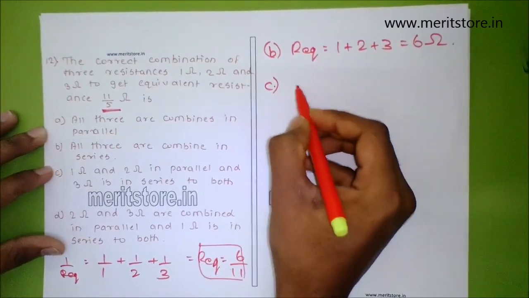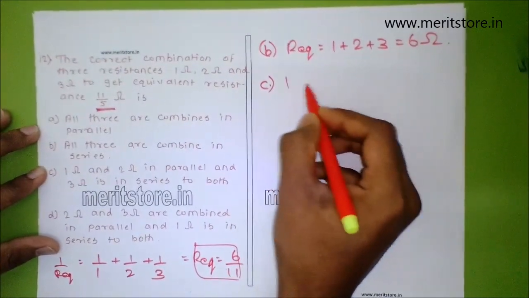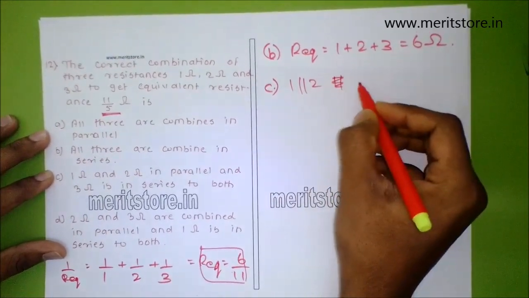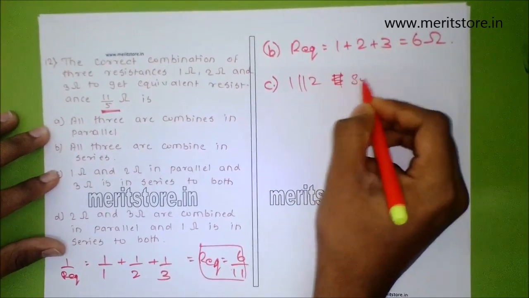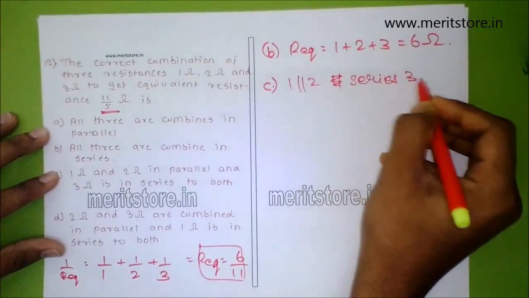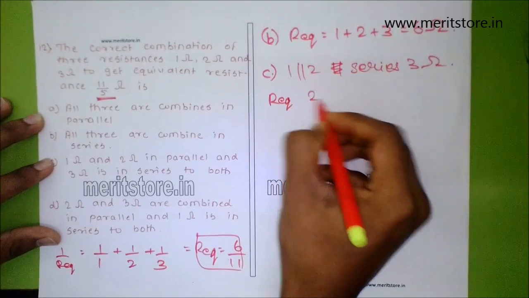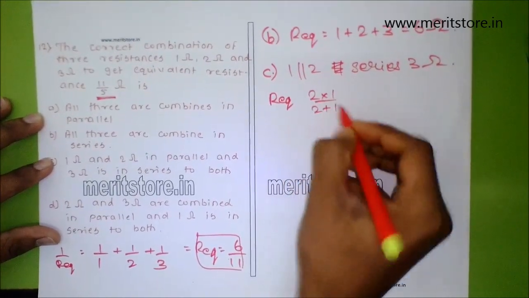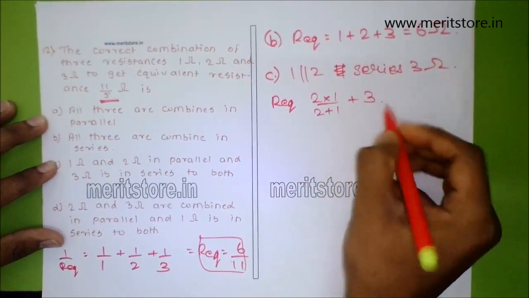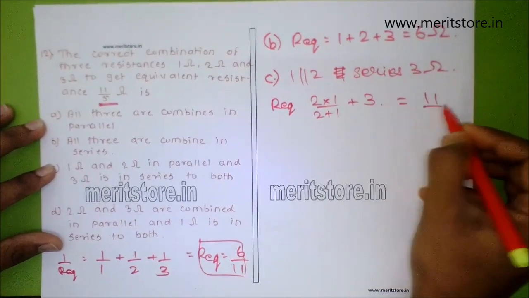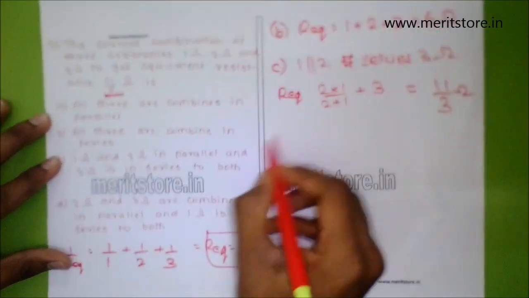For option 3, 1 ohm and 2 ohm are in parallel, and this is in series with the 3 ohm resistance. So the equivalent resistance would be 2 into 1 upon 2 plus 1, in series with 3 ohms. On solving this, we get a resistance of 11 by 3 ohms.